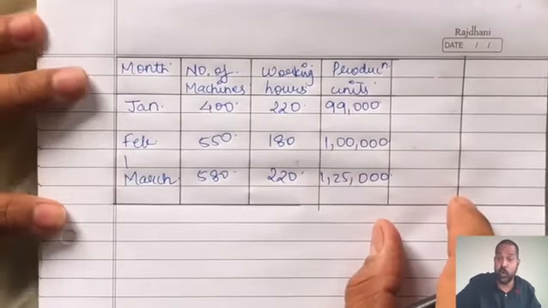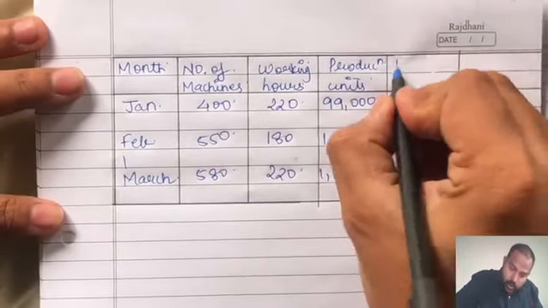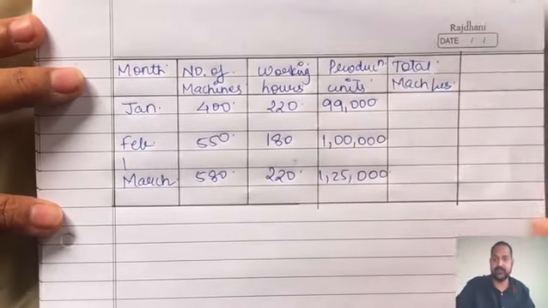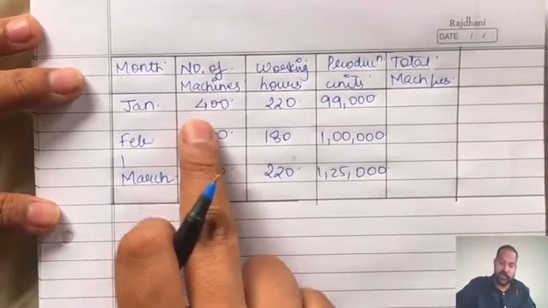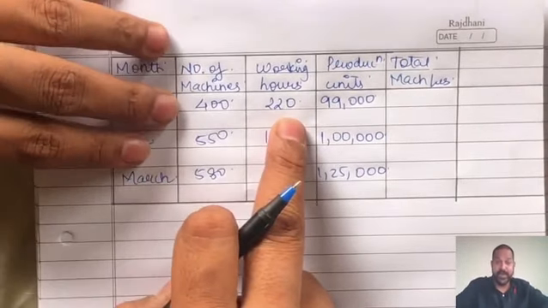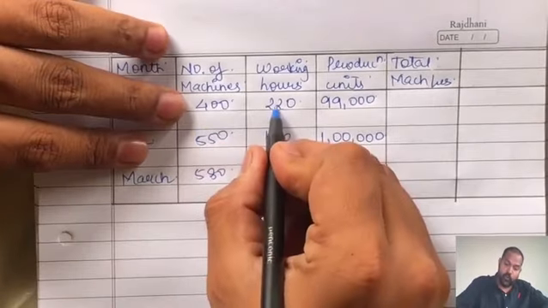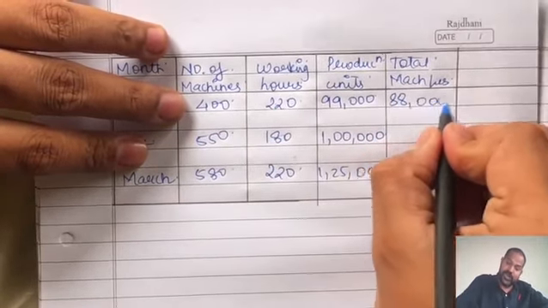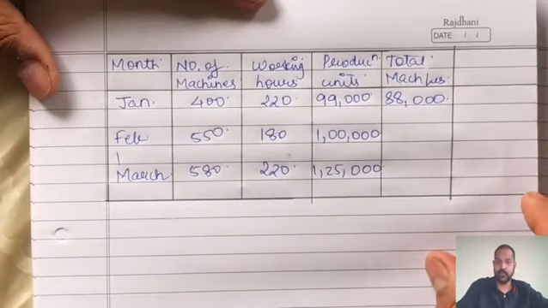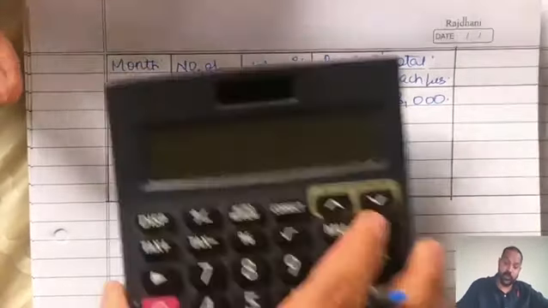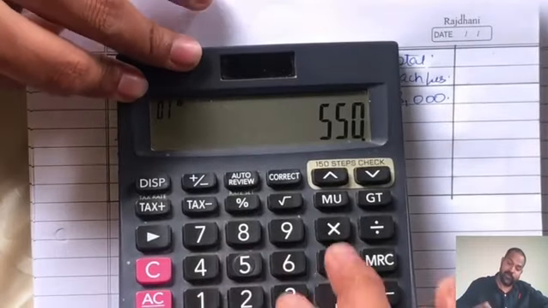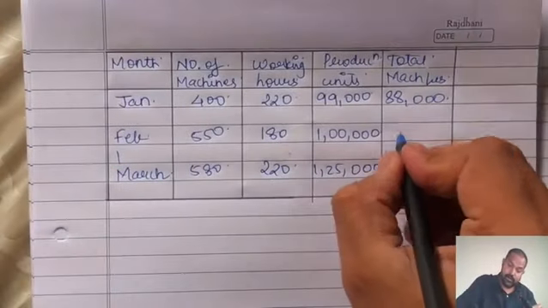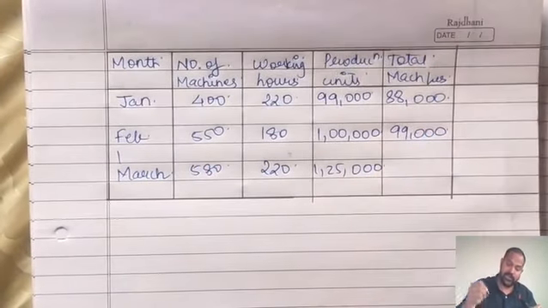So I will make a new column and call it total machine hours. In January, 400 machines working for 220 hours is a total of 4 into 22 is 88, and 3 zeros, or 88,000 hours. In February, 550 machines working for 180 hours is 550 into 180, which is 99,000 hours.